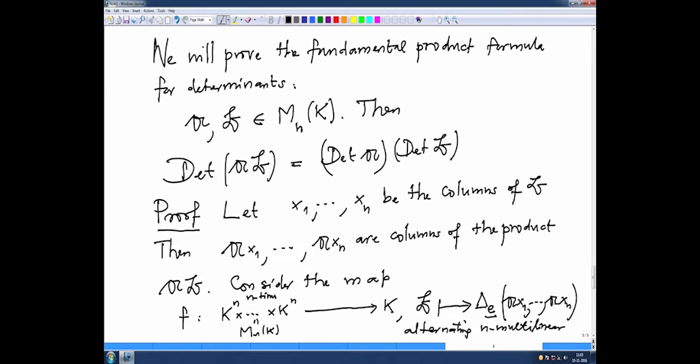To check it is alternating, I have to check that if two components are equal, then the value is zero. This is clearly alternating and multilinear. So, I will just say check yourself; there is nothing much to check.